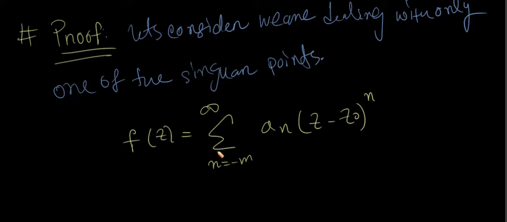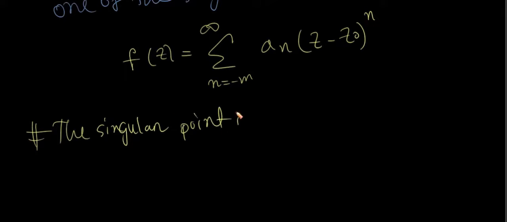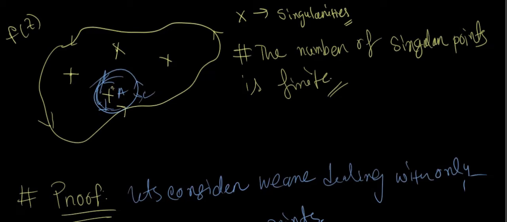Let's say the singular point is z naught. So this point A is our z naught point.